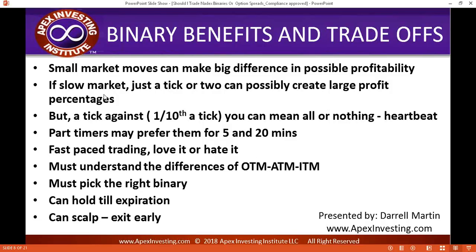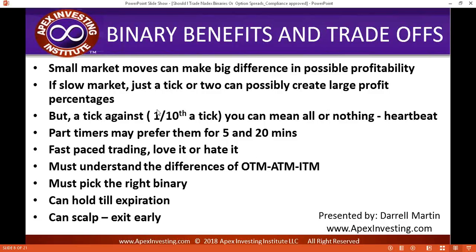So if it's a slower market, just a couple of ticks can possibly create a large profit potential for me and a nice risk-reward ratio percentage. But a tick against me, even 1/10 of a tick, can mean all or nothing, right? You see the word heartbeat right there.